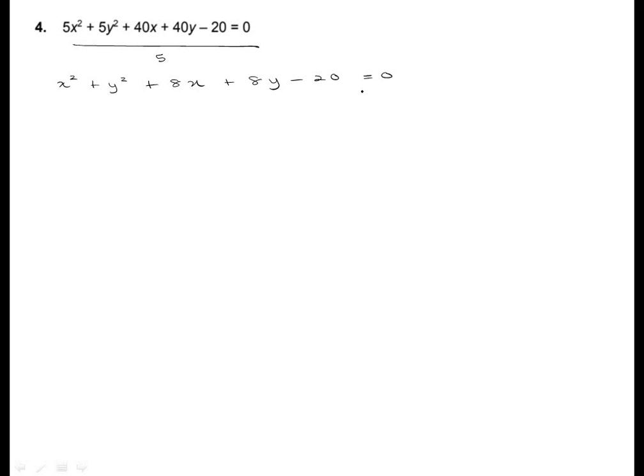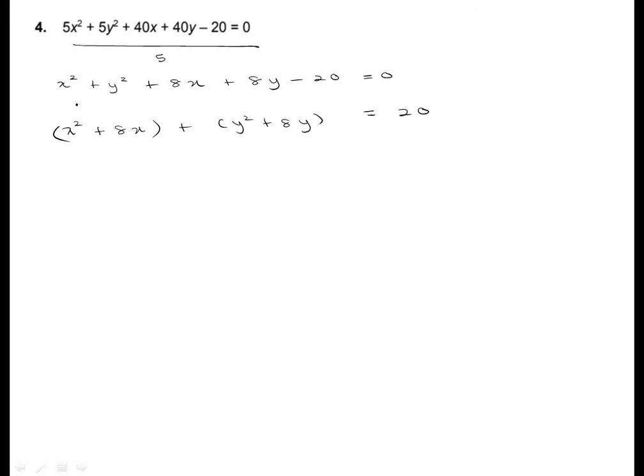Then we can rearrange the equation following the variables: x squared plus 8x, plus y squared plus 8y, and we can move negative 20 to the right.